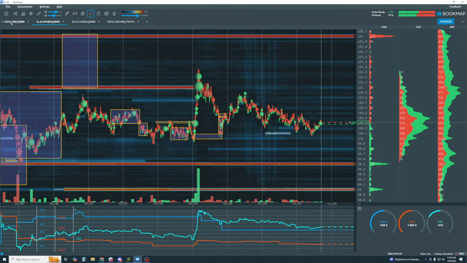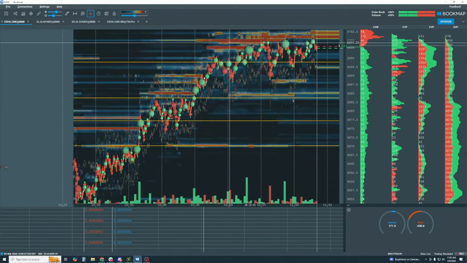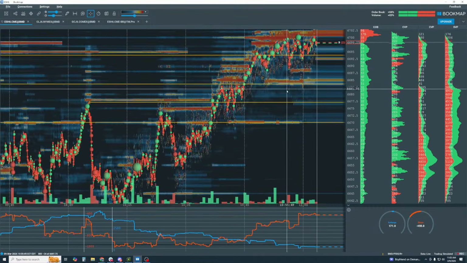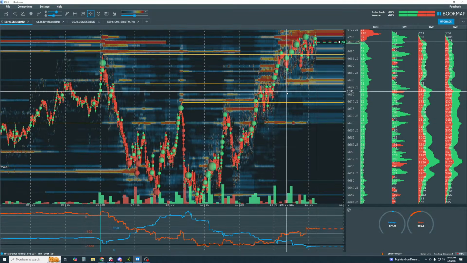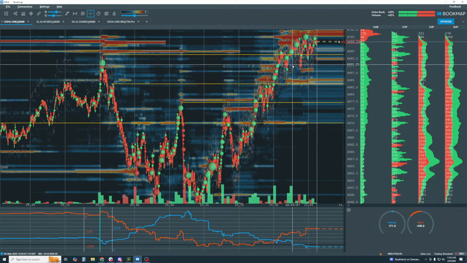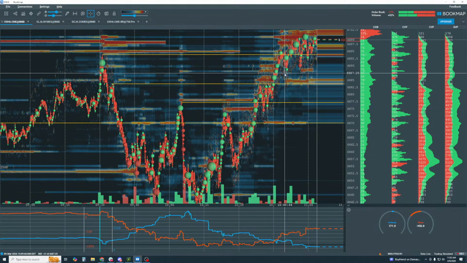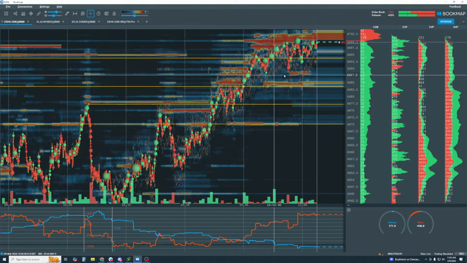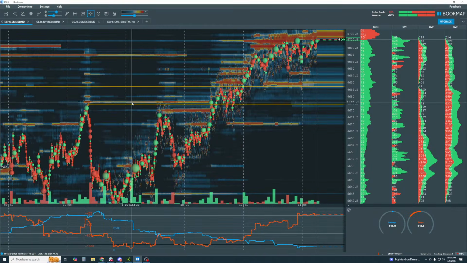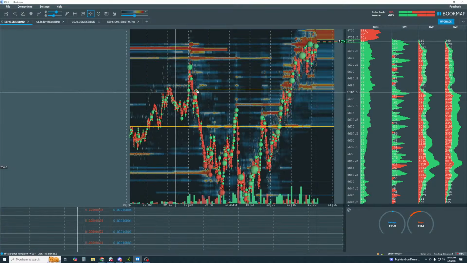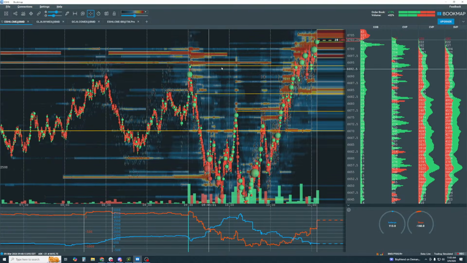Okay, let's jump over to the ES really quickly. Boy, I kind of forgot where we left off on the ES. Our key levels still are holding pretty well, like that we had marked up in here.